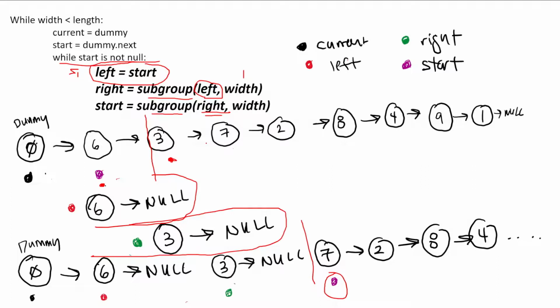And again, the subgroup function depends on the size of the width. For this example, the subgroup size width is 1. If it was size 2, then this would be 2 nodes, but the pointer would still be pointing to the beginning of the list. It would just separate 2 nodes from the list.